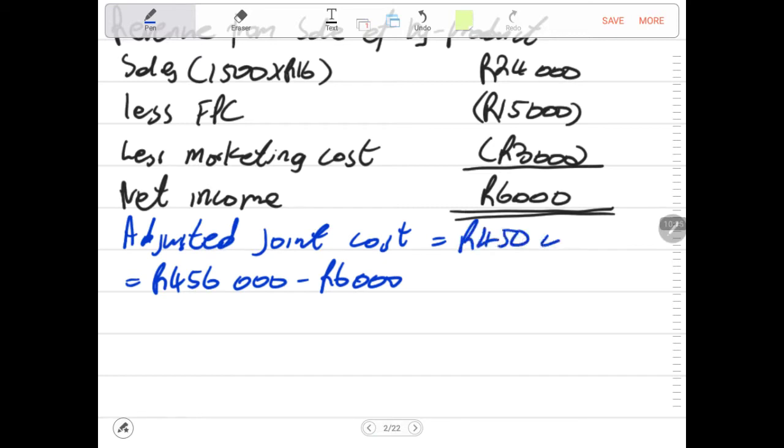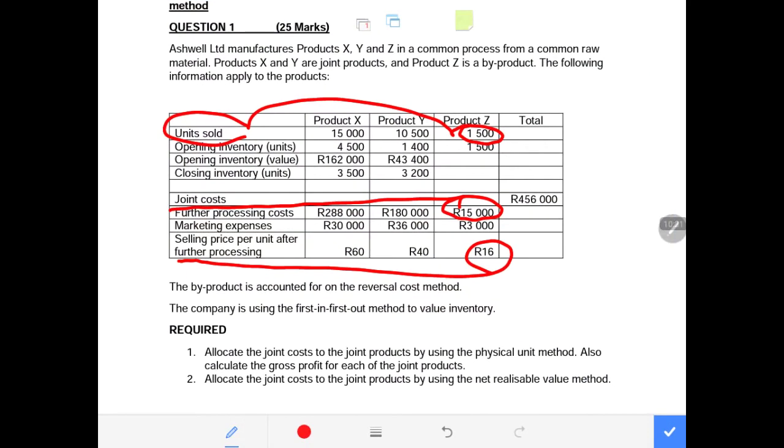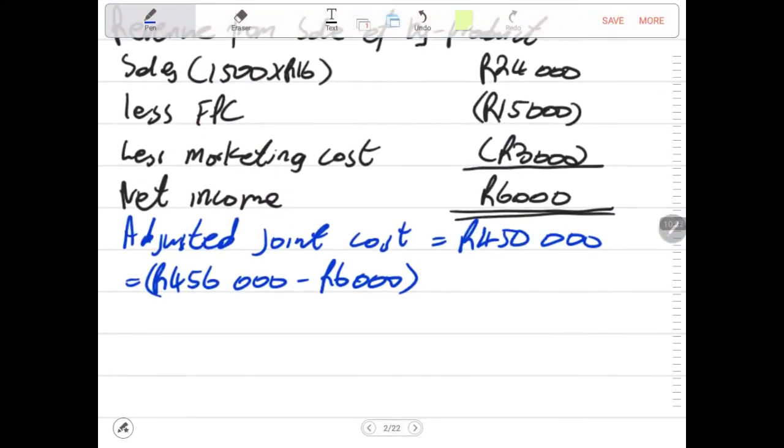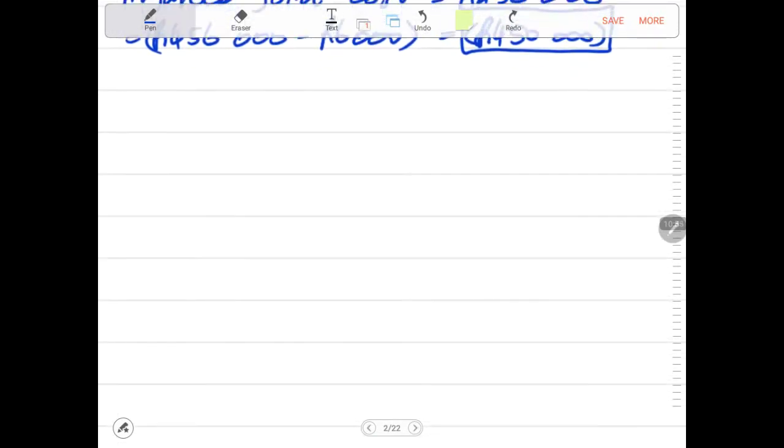This will give us 450,000 rands. 450,000 is our adjusted joint cost, meaning now when we allocate our joint cost, we will be allocating the 450,000 rands, no longer the 456,000 rands, because that was before the revenue from the sale of the byproduct was taken into consideration.